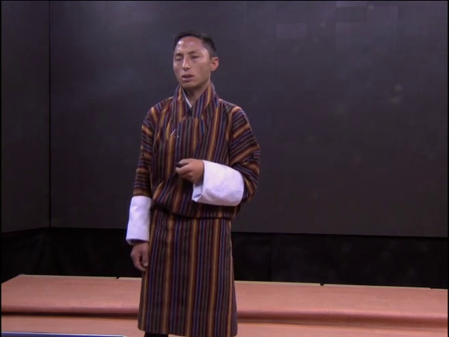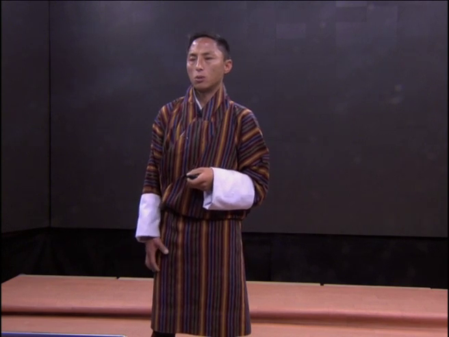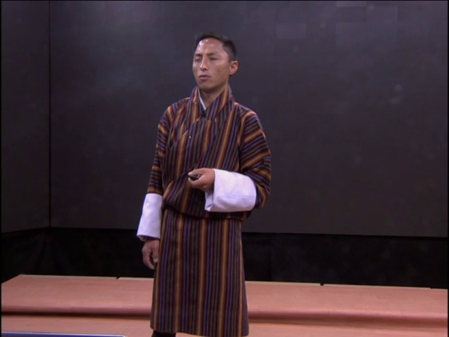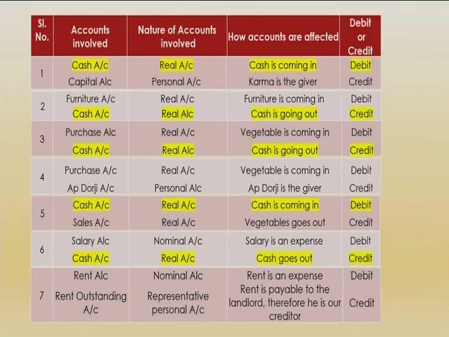Now seventh transaction, the rent is outstanding. The shopkeeper did not pay the rent for a month. Therefore, rent is a nominal account because rent is an expense. Therefore, expenses are debited. Then the other corresponding entry is rent outstanding account.